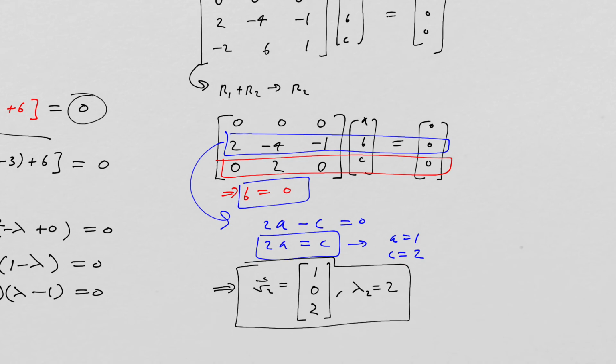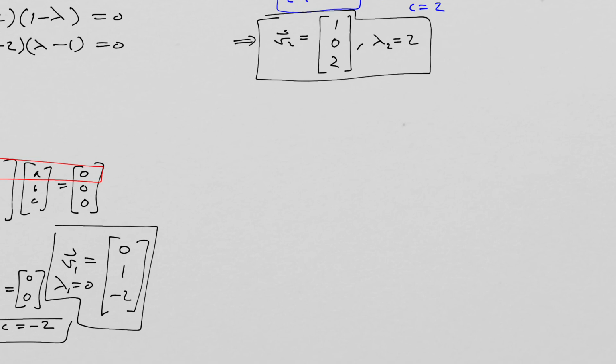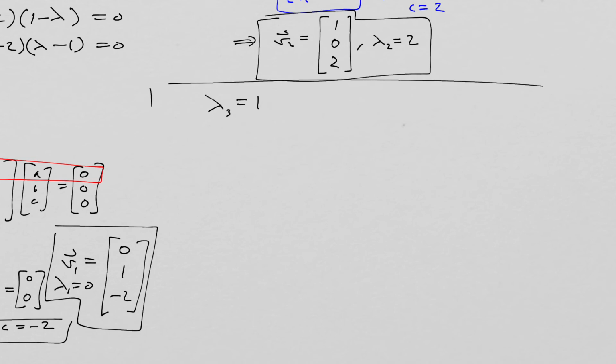All right, pretty good. I think now we have just one more piece of work to do. We're looking at the eigenvalue now of lambda 3 is equal to 1. So again, we want to find v3 now. We don't know what it is, a, b, c. Okay, so let's go ahead and do that.